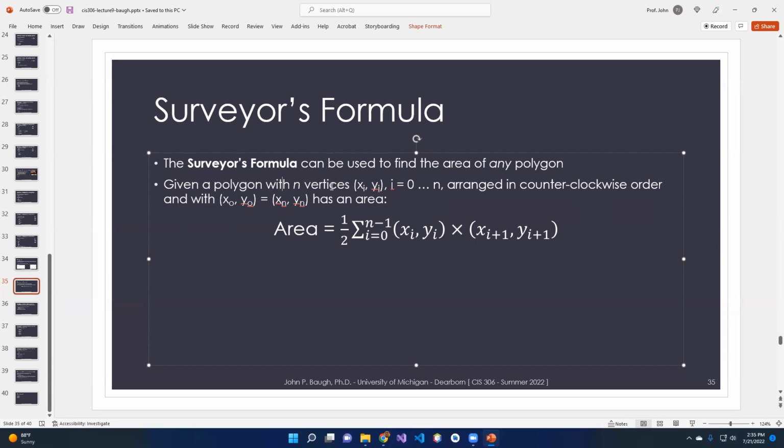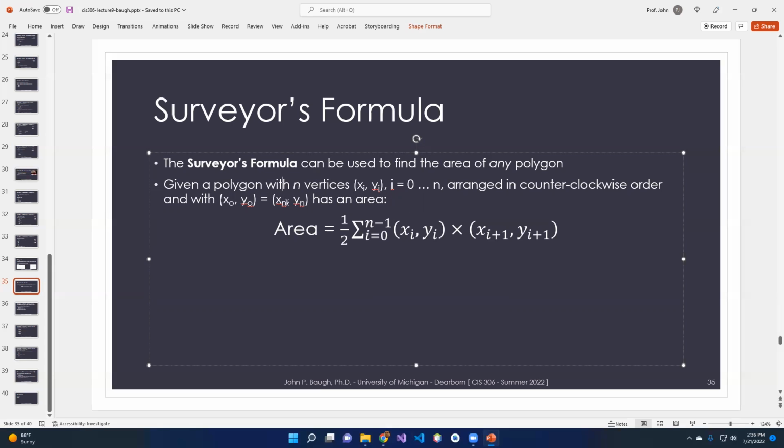Given a polygon with n vertices, each individual vertex is a point, and the points are connected to form line segments that create the overall polygon. Given a polygon with n vertices x_i, y_i, setting i equal to 0 all the way through n, arranged in counterclockwise order, so that does matter, with x naught, y naught equal to x sub n, y sub n, meaning it has to be a closed figure to work with the Surveyor's formula.